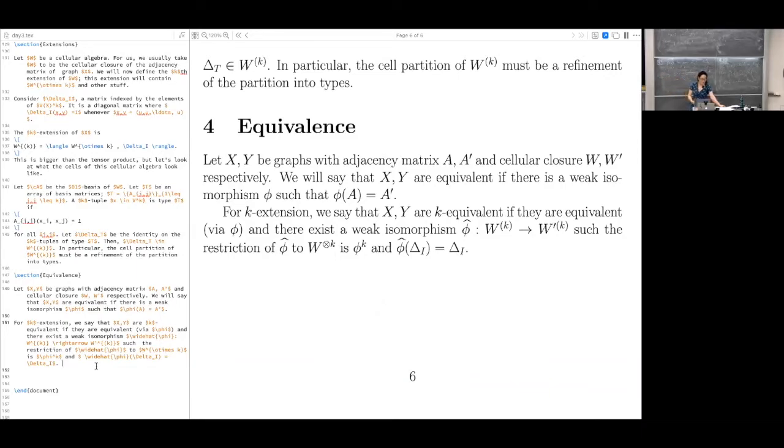So what he gets as a result is that if X and Y are graphs that are 2 equivalent, K is only 2, then those matrices that I defined will be cospectral. Right. So that algorithm of M's and all will not be able to distinguish even 2 equivalent graphs. So somehow looking at this algebra and things that are K equivalent will be very powerful. And we will go into more detail on what that means.